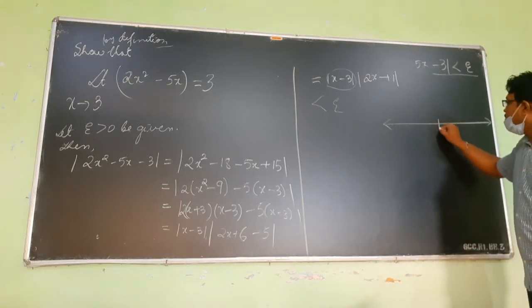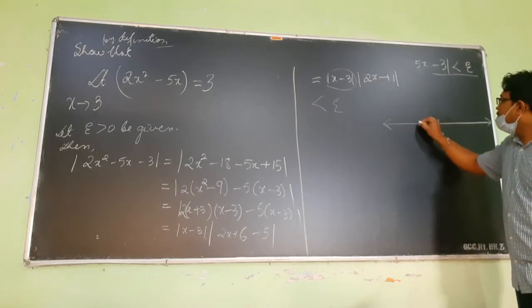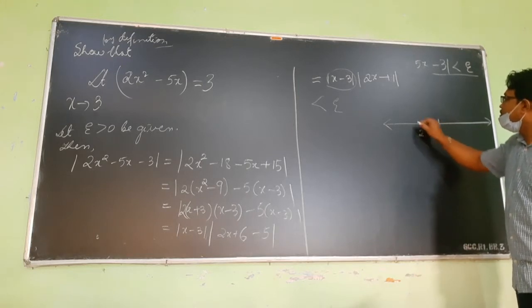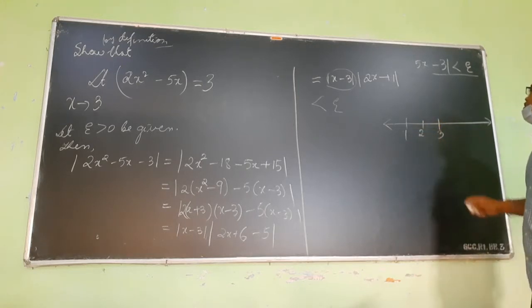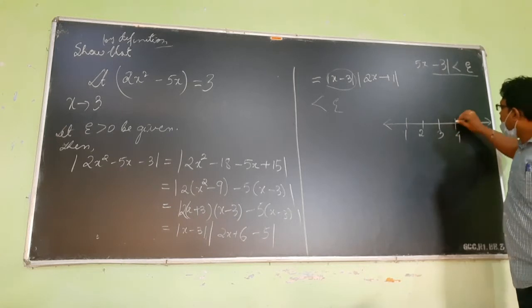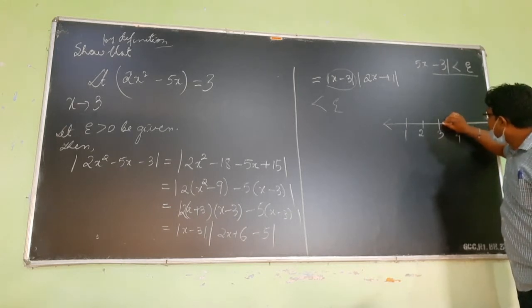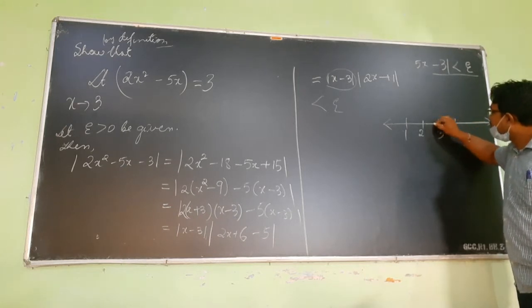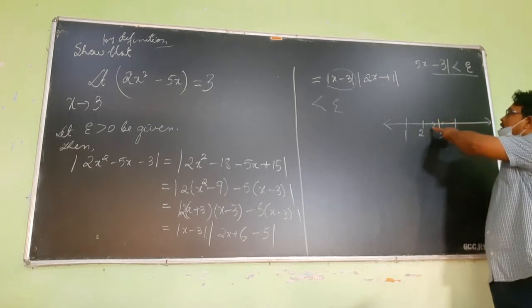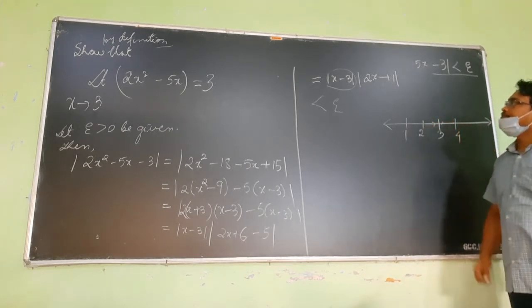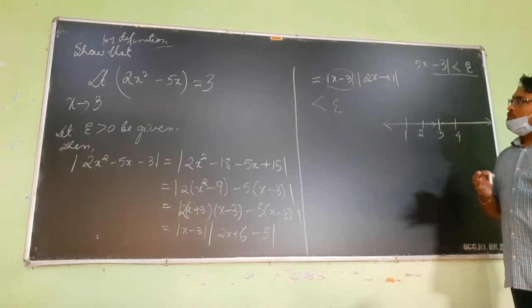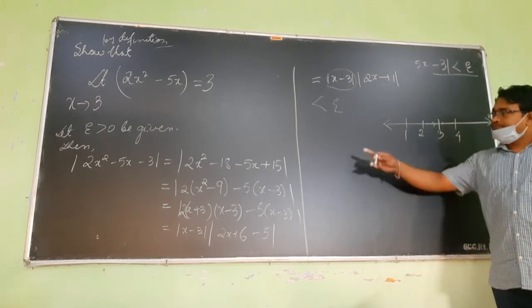Suppose this is 3, this is 2, this is 1. So we are finding out the limit of this as x approaches 3, from either side, both sides. What is the definition of limit?